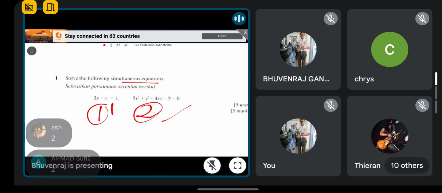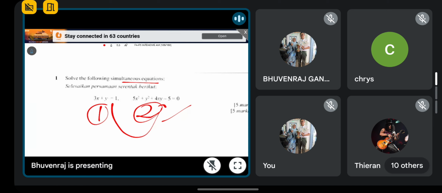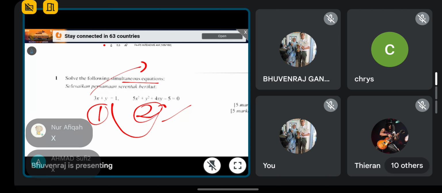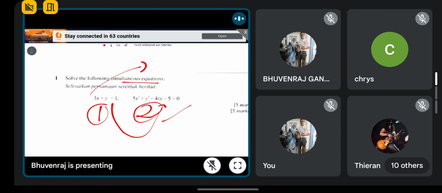So means that kamu kena gantikan yang ni dalam yang ni. Substitute 1 in 2. So now I ask you guys, y in terms of x or x in terms of y untuk yang ni? Mana lebih senang? Yes, y in terms of x. Betul.